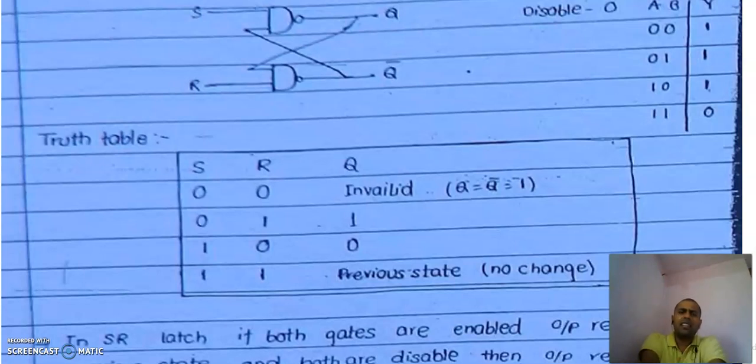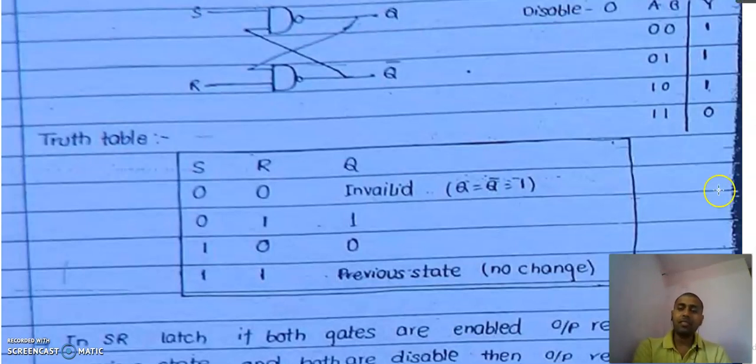So here S stands for set and R stands for reset. Then you can see that if R is equal to 1, then it should be reset, but here we are getting 1. And in the case of S equal to 1, R equal to 0, if S is 1, we are getting 0. That means at set, that is at 1, we are getting the inverse of this one.